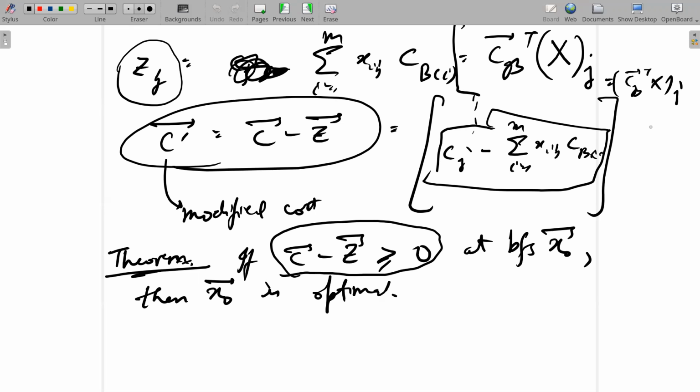The B1th column you tried to convert into E1 using elementary row operations, the B2th column you tried to convert to E2, and then you got this tableau X. When we moved to a neighboring basic feasible solution, one of these columns was discarded, a new jth non-basic column was introduced, and that was converted into some EL. So X corresponds to the new tableau where M of these columns are E1, E2, EM, right?